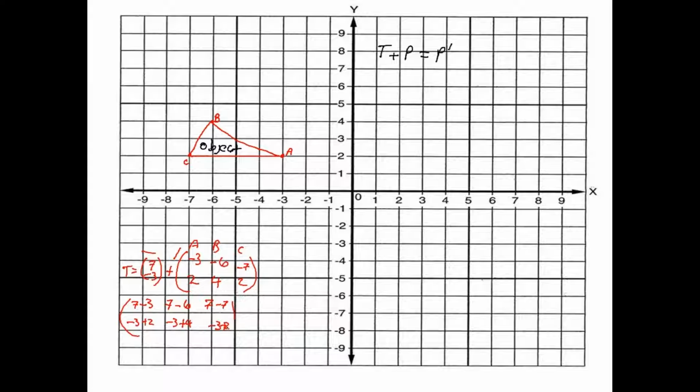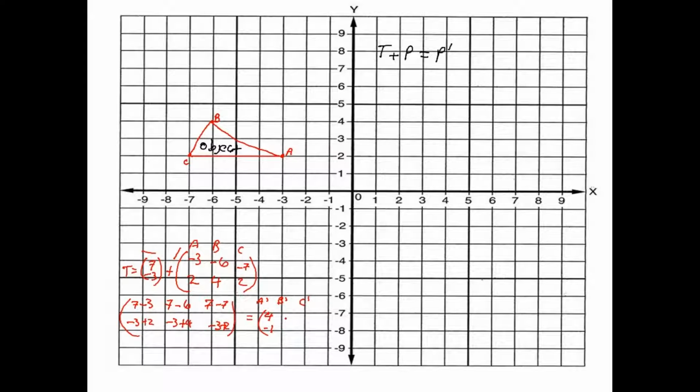Okay, we're going to simplify that and tidy it up to get our A', our B', our C'. Okay, alright, so we have 7 minus 3, we have a 4. -3 plus 2, we have a -1.